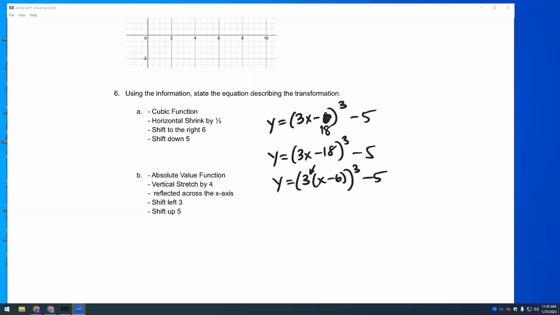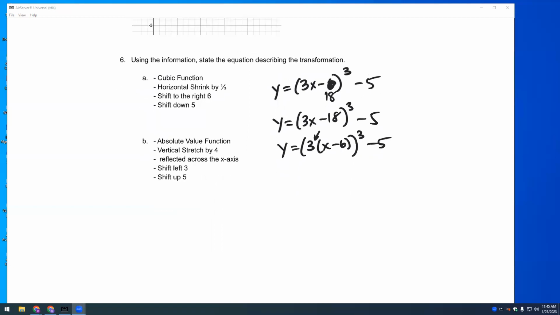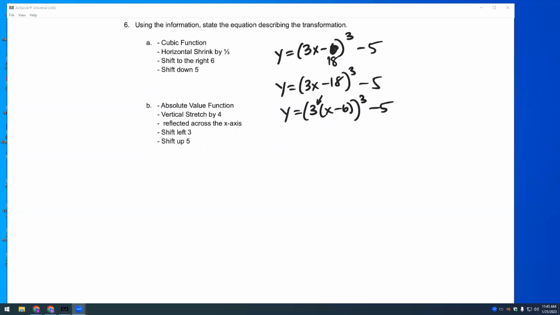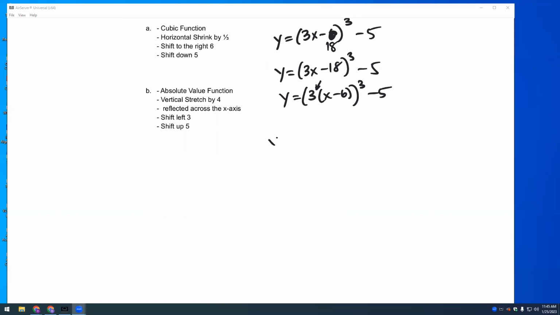All right. Letter B is what? Vertical stretch by 4. So Y is equal to, anybody get this one? 4 absolute value. But it's reflected across the x. So it'll be negative 4. Good job.